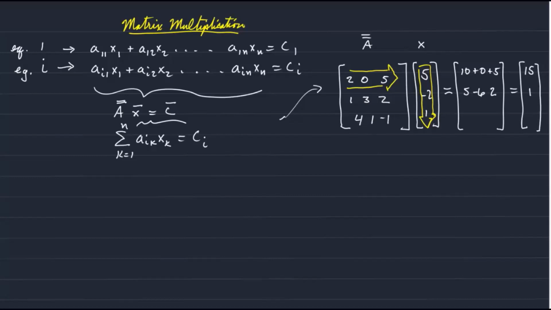And then finally, for our third element of our product vector, we multiply the third row down this column again, and we have 20 minus 2 minus 1, and that's equal to 17. So that's an example of a 3 by 3 matrix multiplied by a 3 by 1 vector, and the result is a 3 by 1 vector.